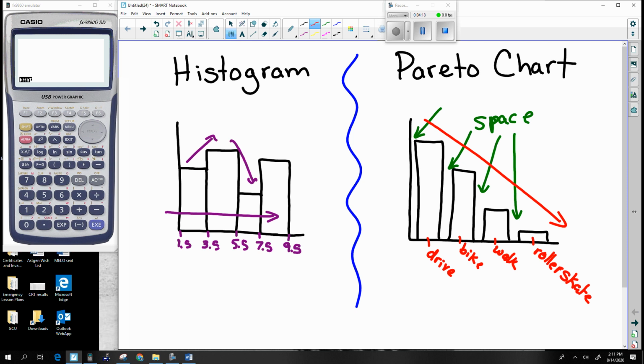You could technically put these in any order, however, what you do is you start at the biggest category and work to the smallest category. So a histogram, the bars touch and they can go up and down. And a Pareto, the bars don't touch and they strictly go downhill. That's the key difference, and that's how you recognize what is a histogram and what is a Pareto.